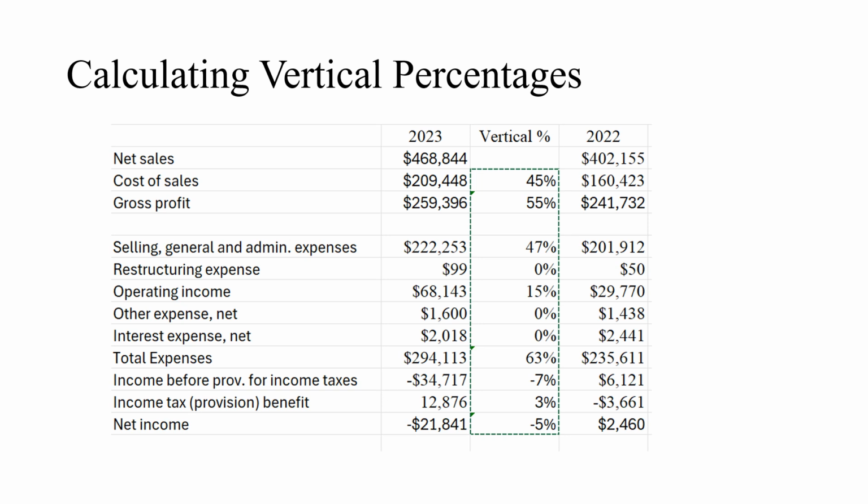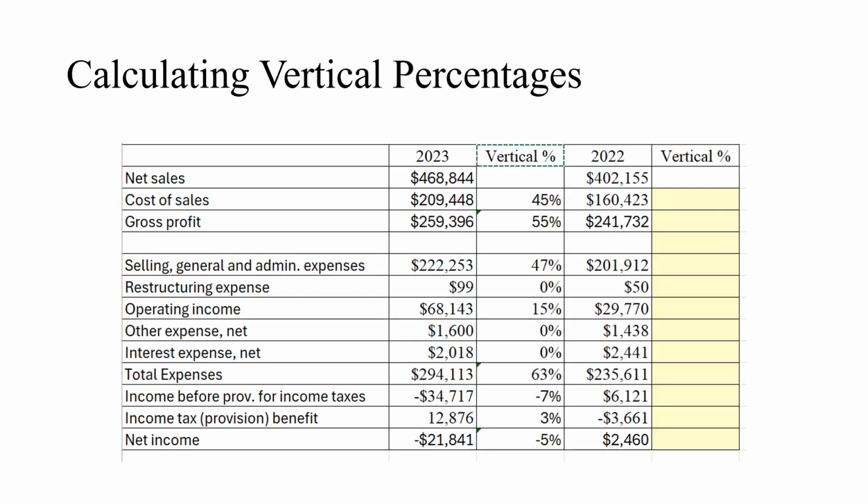Then, what I might recommend we do is copy those percentages. By copying them, we simply highlight all those boxes and hit copy. And then drag over to the next column, the 2022 numbers, highlight all those areas and simply paste those formulas in.